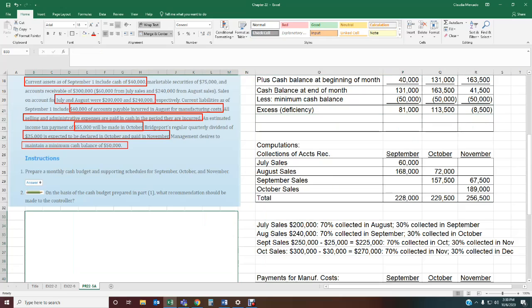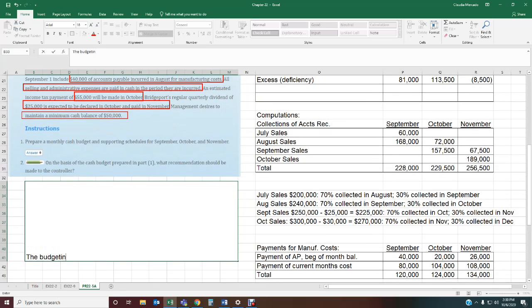So we can say here the budget indicates that the minimum cash balance will not be maintained in November.